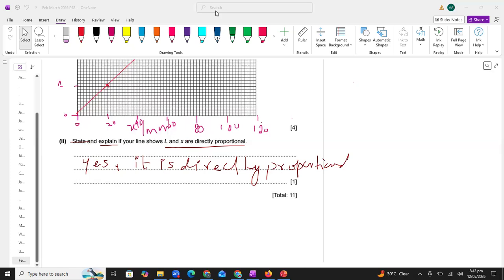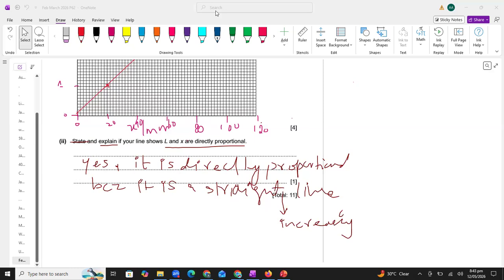Because they are using the word explain, we write: because it is a straight line. We can write here: straight increasing line, because a straight line can be increasing or decreasing as well. So here we are getting a straight increasing line which shows our direct relation. Clear, everyone?